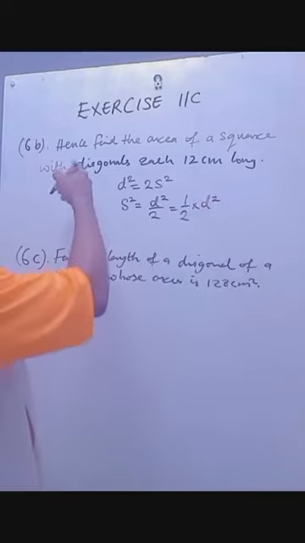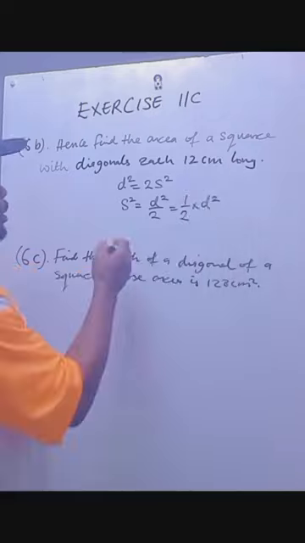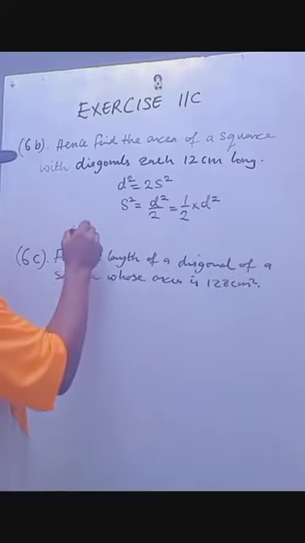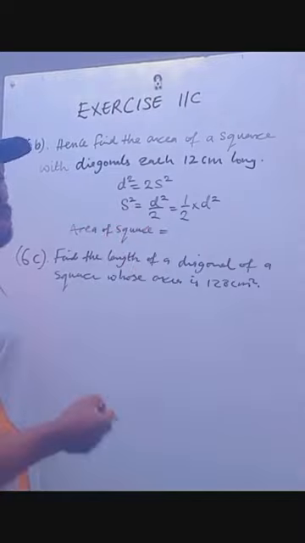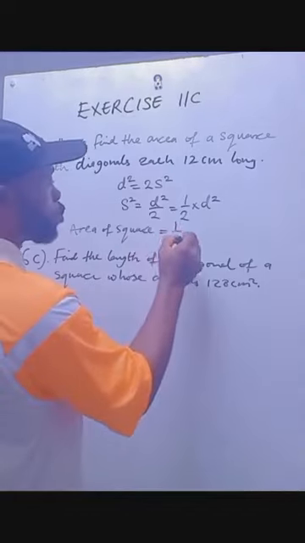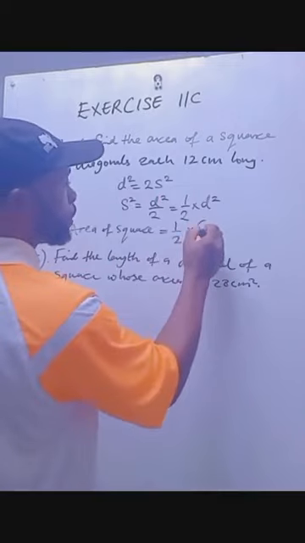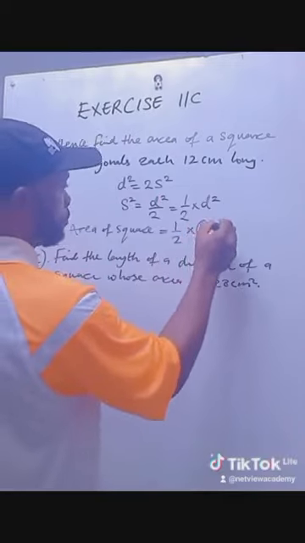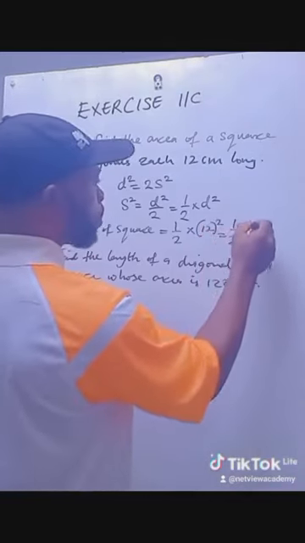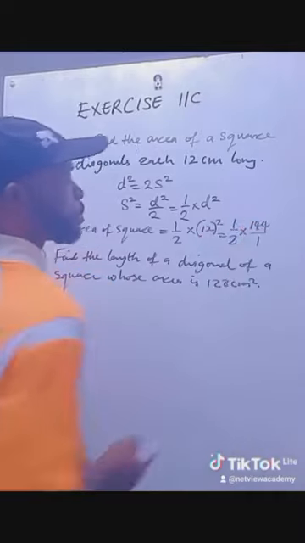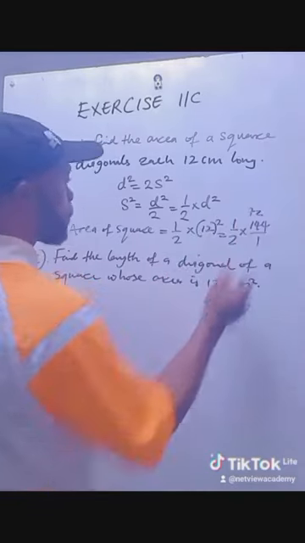Therefore, the question says find the area of a square with diagonals each 12 cm long. Therefore, the area of the square is equal to 1 all over 2 multiplied by the square of the diagonal, which is equal to 1 all over 2 multiplied by 144. 144 divided by 2 is 72.